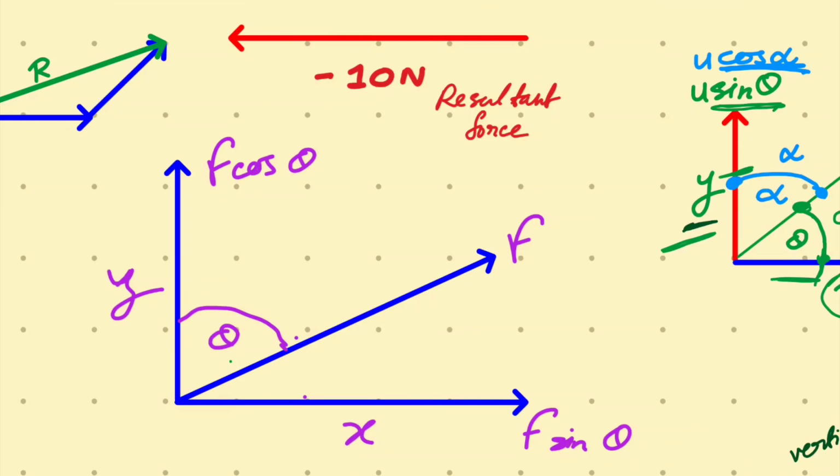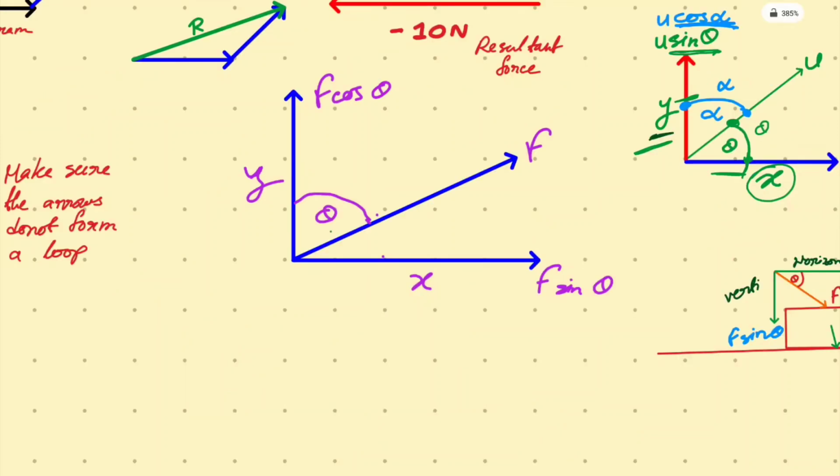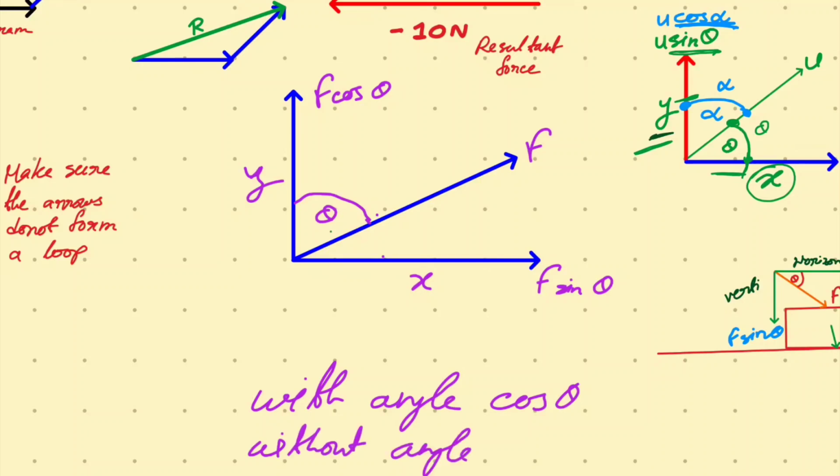A very simple way of remembering this is: with angle is cos theta, and without angle is sine theta.